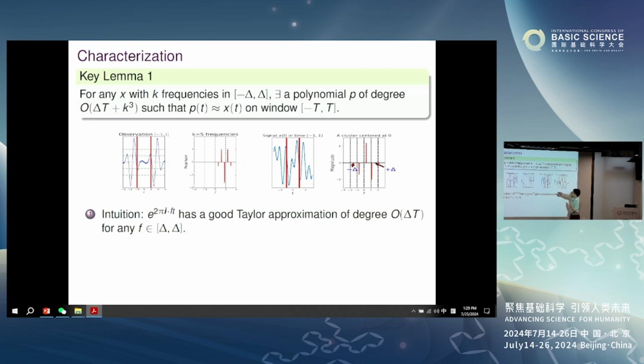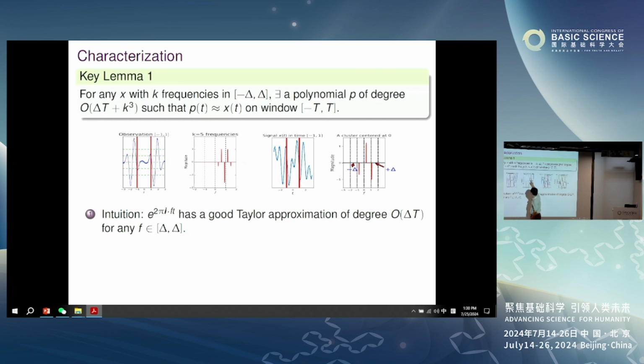This is the key lemma, which says that for any x whose frequencies are in the interval from minus delta to delta, there will exist a polynomial of degree delta times the time window T plus k cubed, where k is the number of frequencies, such that this polynomial is close to the signal in the time window.